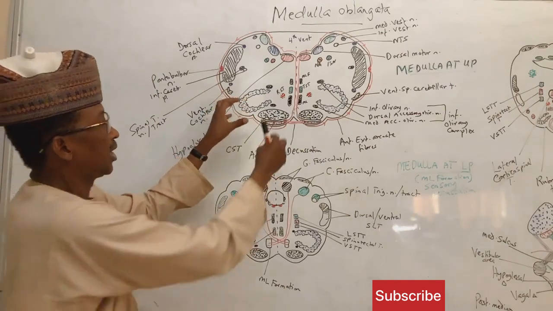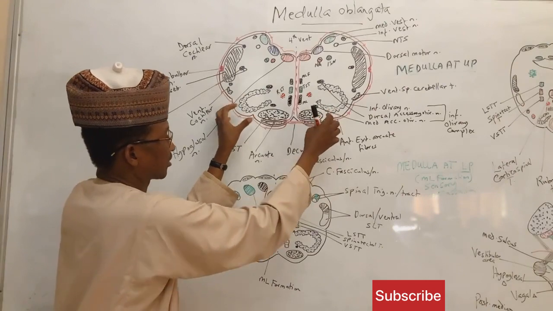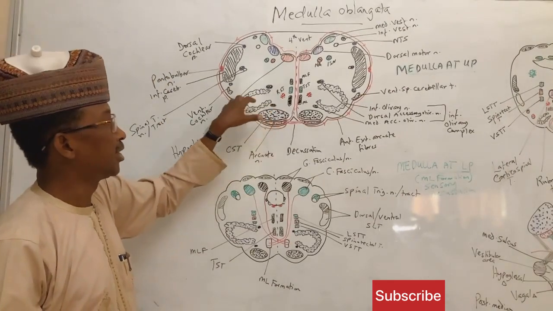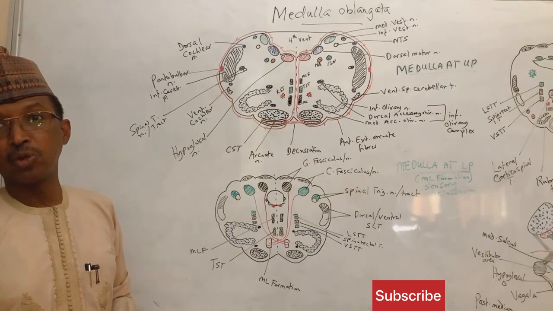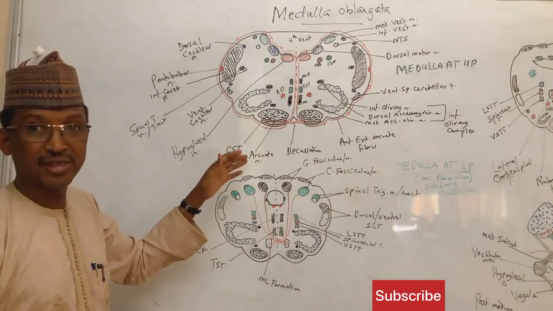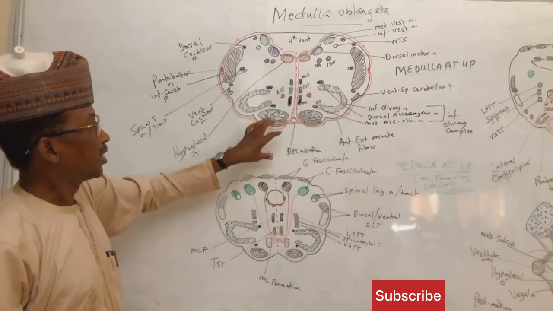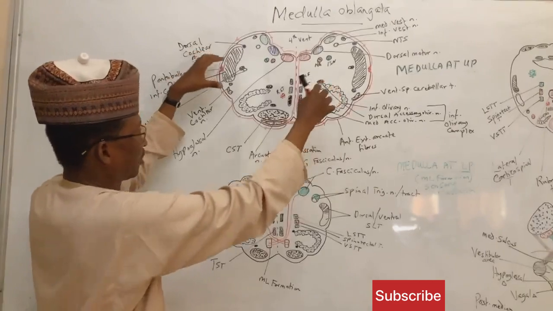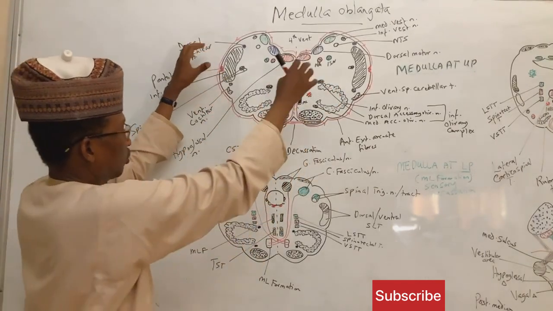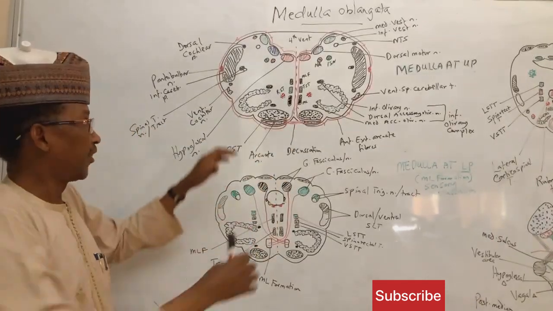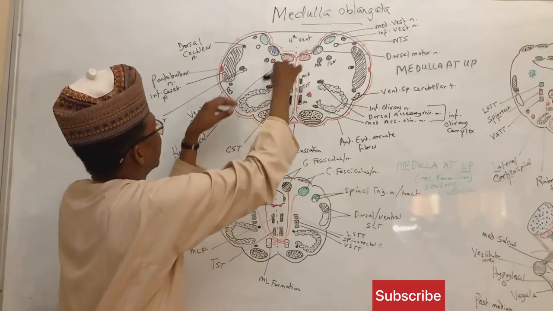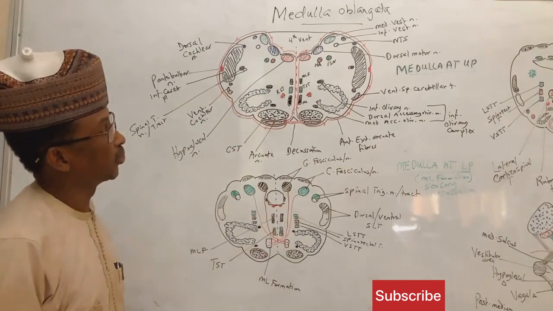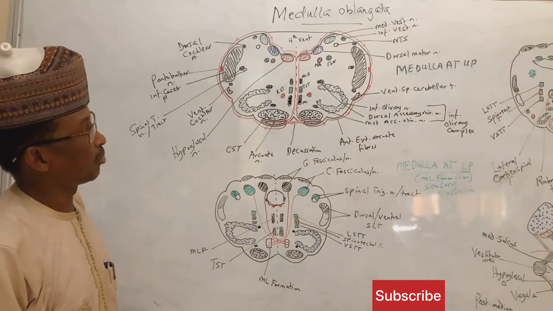The olives are convex swellings by the side of the pyramids, and in each of these, if you go internally, they contain what we call the olivary nuclear complex. Now if you go to the lateral-most part of the medulla oblongata, you will see also by the side is also convex. And this convexity is as a result of the tracts that are ascending up into the cerebellum and what have you.